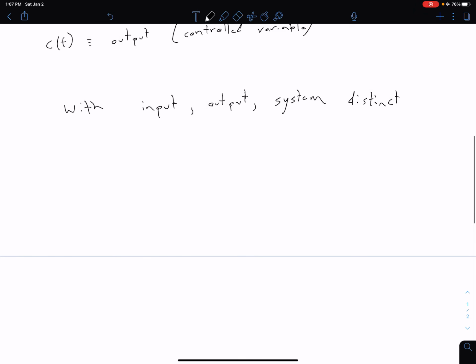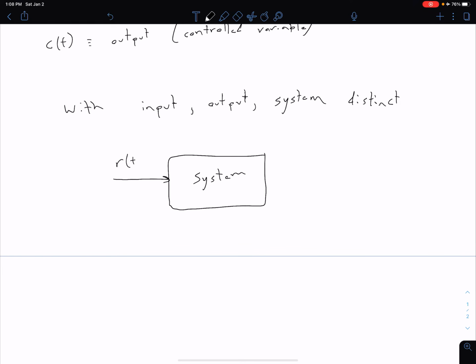One way that we can represent that graphically, as is shown in your textbook, is with a simple block diagram. If we have our system here, and we have our input on the left side and our output, c of t, on the right side, it's a lot easier to say, okay, here's our input, here's our output, and here's our system in the middle.